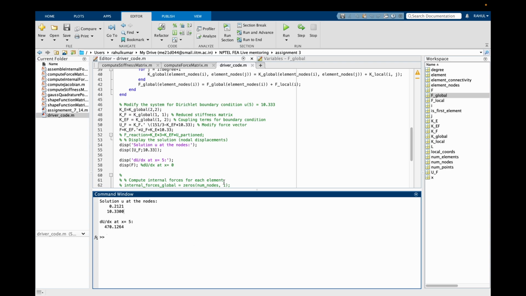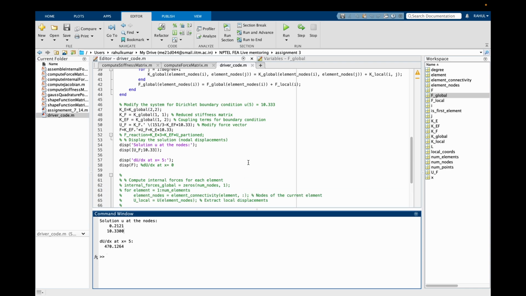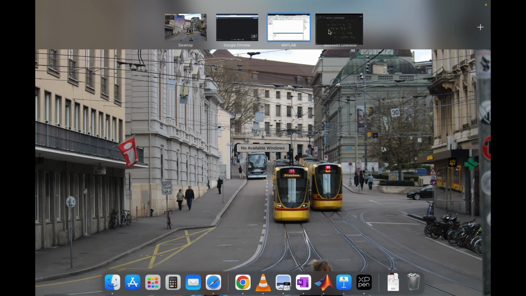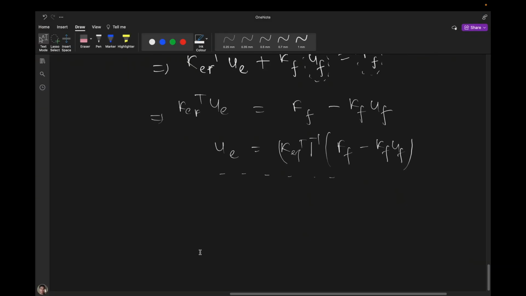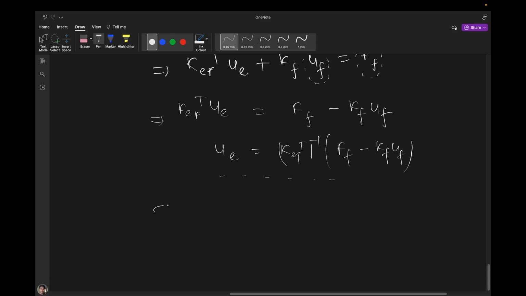Gauss point is nothing but the weight times the value of the function at the Gaussian points. Suppose you have to integrate a function, suppose you have to find the area of this function.